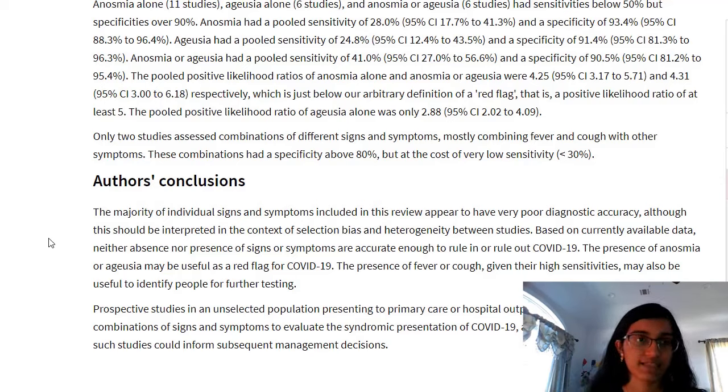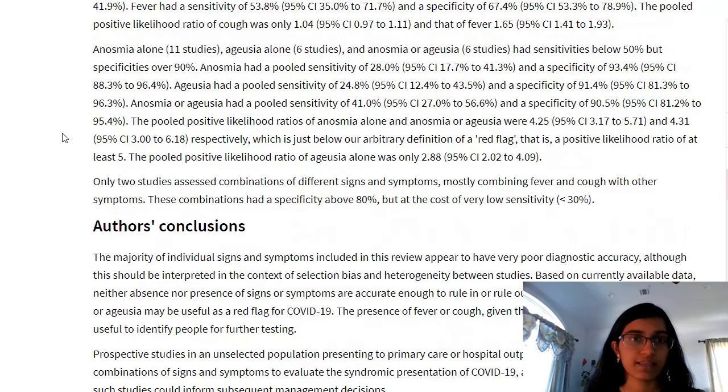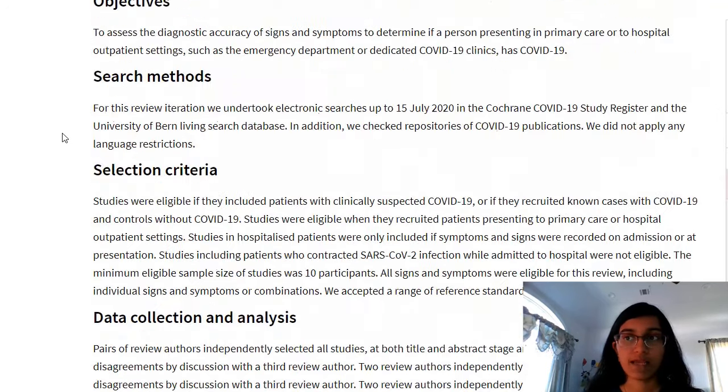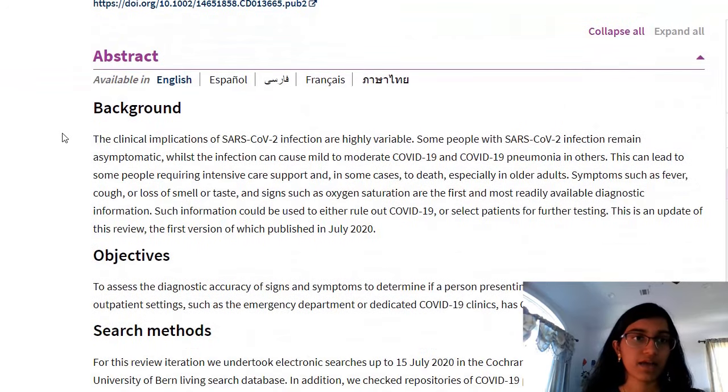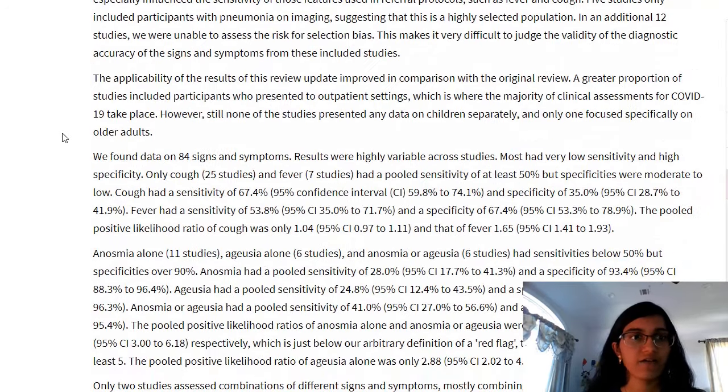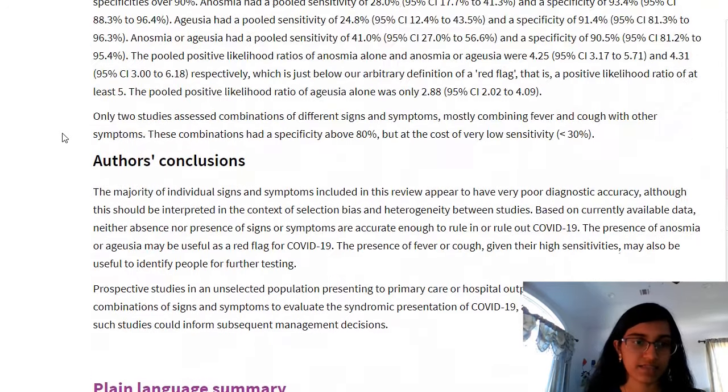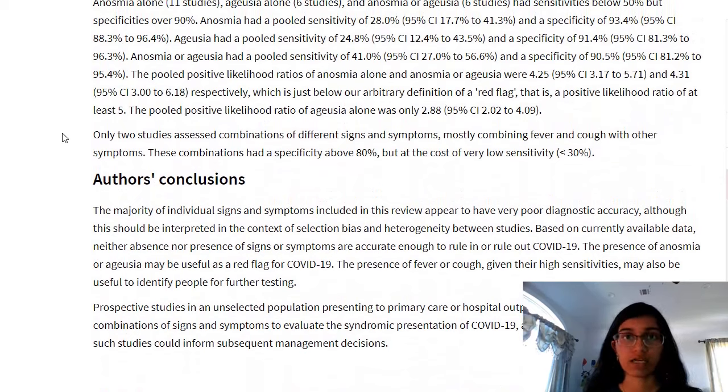So that's how I interpreted the data as well. So it's good that our conclusion does match up with the author's conclusion. And what I actually liked a lot about the site called Cochrane Library, I found this on this article and on a couple of other articles.